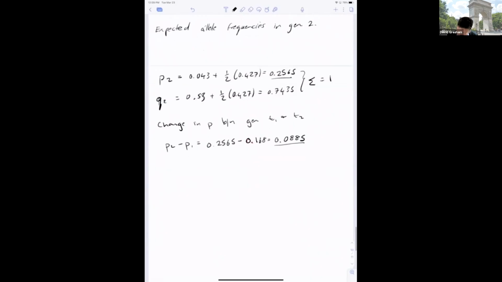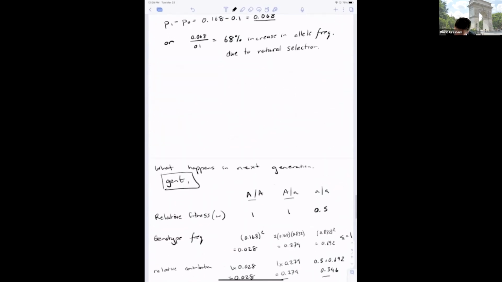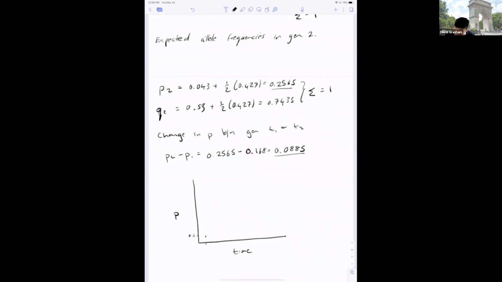And so what we can do, and what we will do, is now think about time on our x-axis and P, our allele frequency, on the y-axis. And we can see that we started at an allele frequency of 0.1 in generation 0, and then in the first generation we went up, and in the second generation we went up.